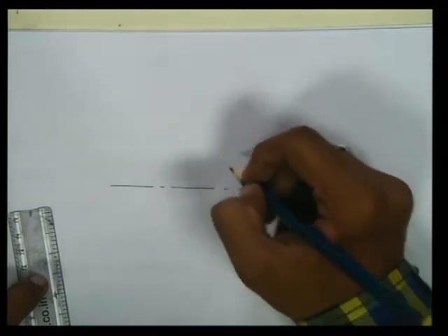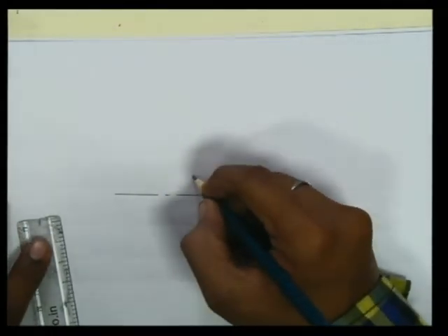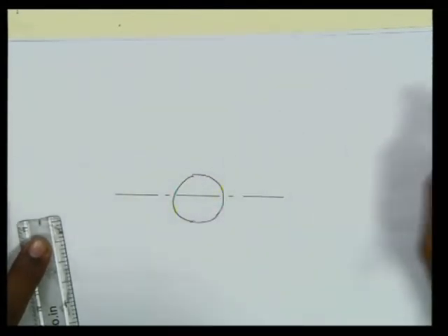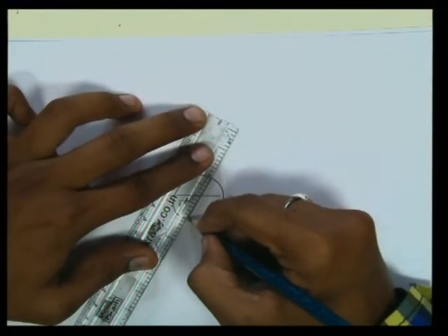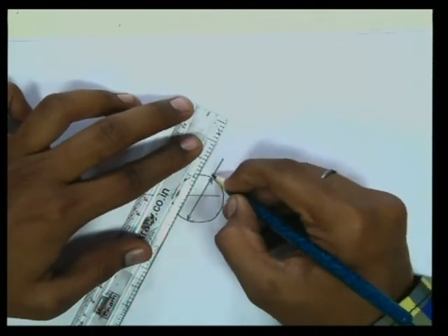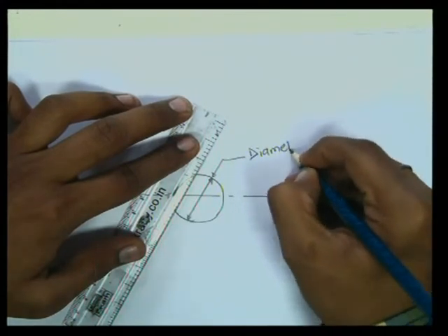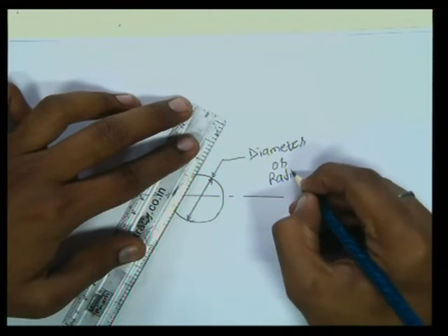If we have a circle, then it will have some diameter or radius.